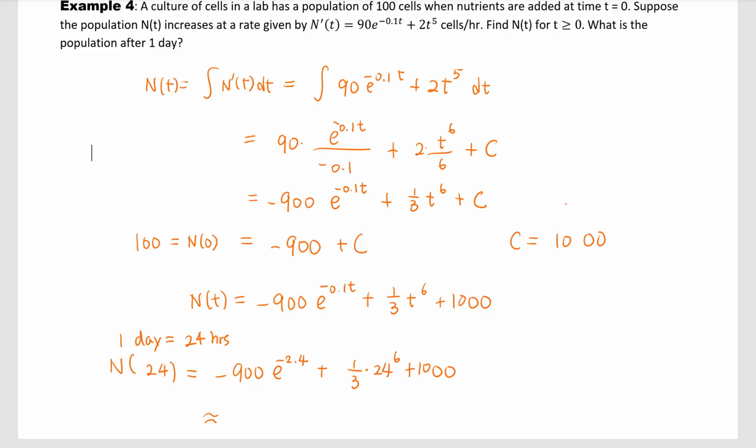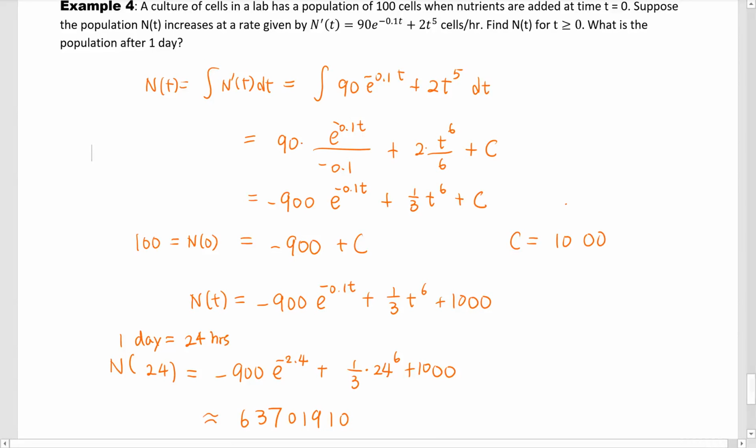Oh, okay. Now I get a positive number. Okay, good. So my answer is 6370191.35 approximately. Oh, but because we're working with cells, it's better to have an integer, right? So we cannot have half of a cell. Okay, so this is our answer of this problem.